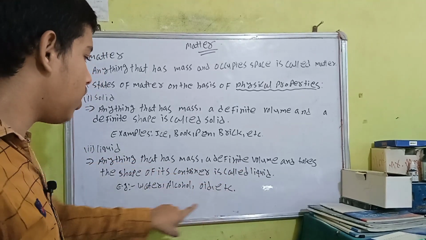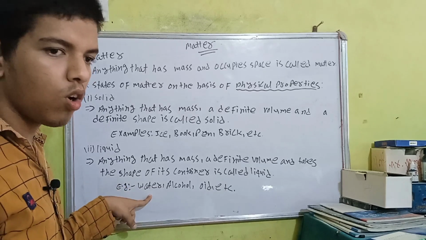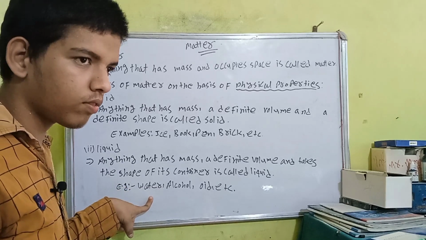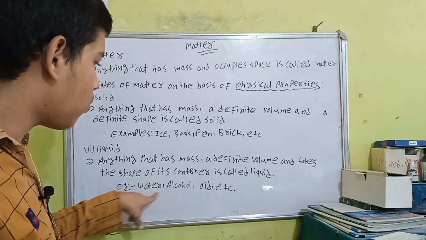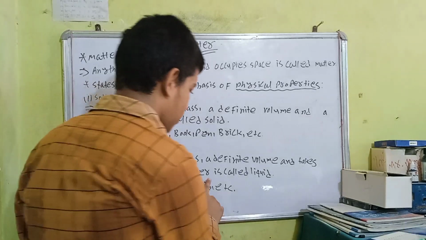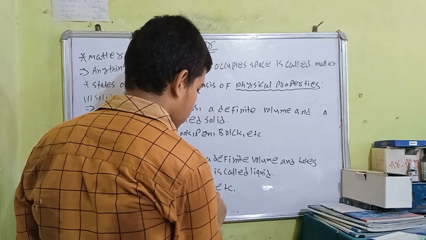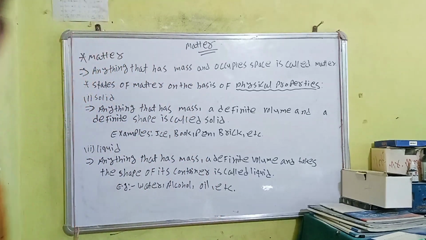Like if you put water in a pot, it will take the shape of the pot. Water, alcohol, oil. So these are the examples of liquid. You can take the screenshot.